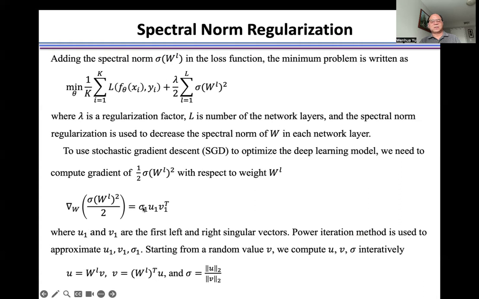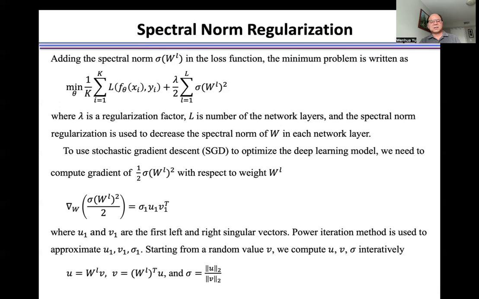This is sigma 1, U1 and V1, parameters for the first layer of the network. U1 and V1 are the first left and right singular vectors.